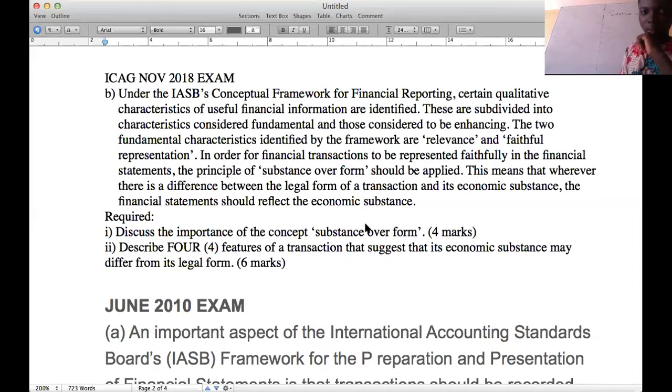That's question 5B. So this is question 5B. Let me put it here. Question 5B. So take notes for me.